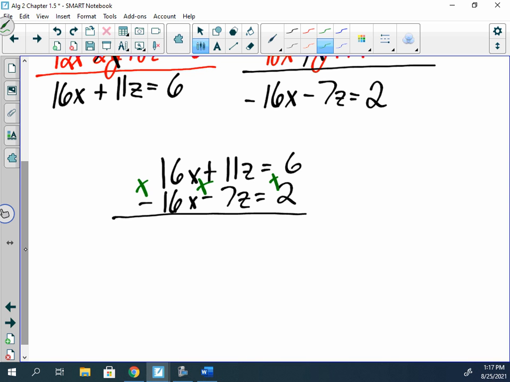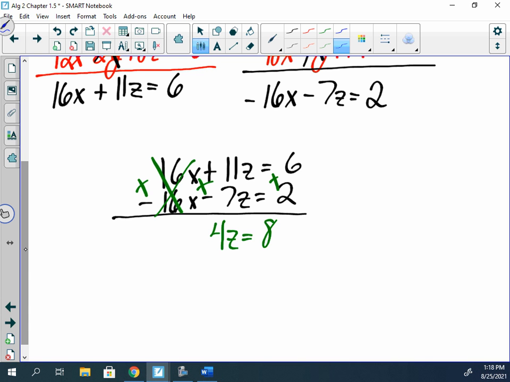16 plus negative 16, or 16 minus 16 is 0. These will cancel. 11 plus negative 7, or 11 minus 7 is 4z, is equal to 6 plus 2. So now I'm left with one equation.